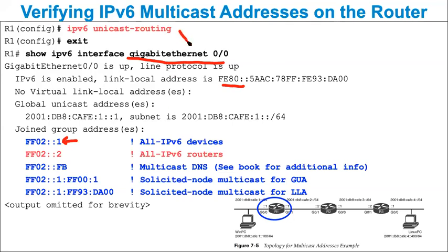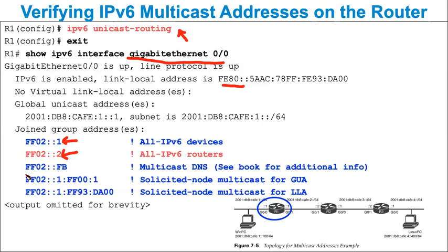Because we configured IPv6 unicast routing, it belongs to the multicast group all IPv6 routers. FF02::FB doesn't mean that it belongs to Facebook. What it means is that it has to do with multicast DNS. You can see my book for more information on that.